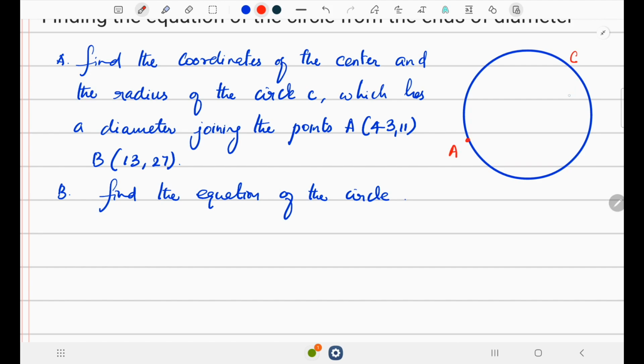This is the A point, and directly opposite we have the B point. The coordinate of A is (43, 11), and the coordinate of B is (13, 27). From this we need to find the radius r. What is the radius?